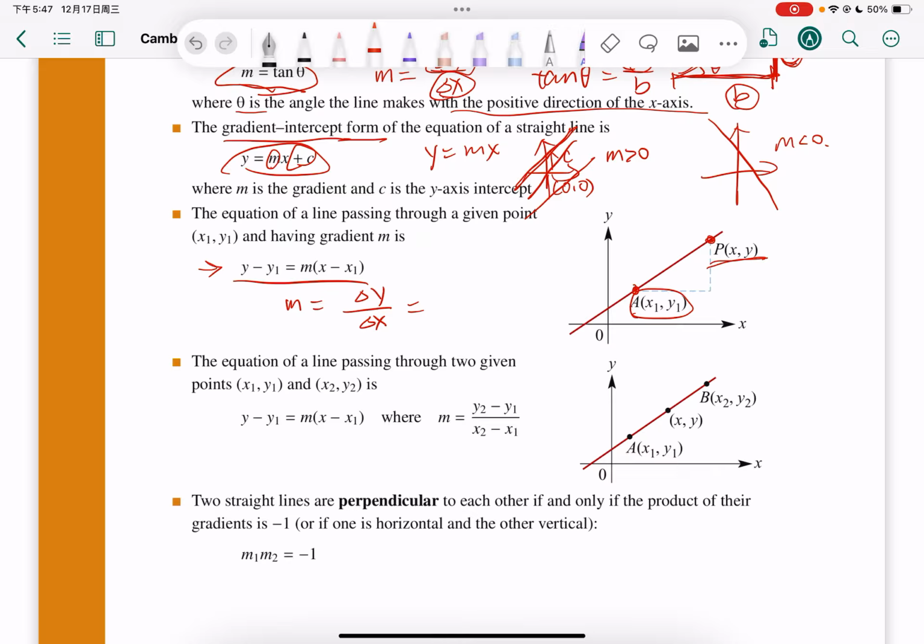So the gradient can be defined with x minus x1, which shows the delta x. Oh, sorry, this should be on the denominator. For any y on the point, y minus y1 shows delta y, and x minus x1 shows delta x.